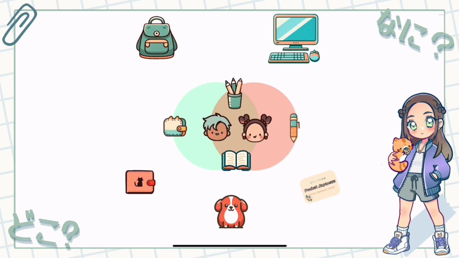Is that purse the teacher's? この犬は私のです. This dog is mine. それはミカの日本語の本ですか? Is that Mika's Japanese book?